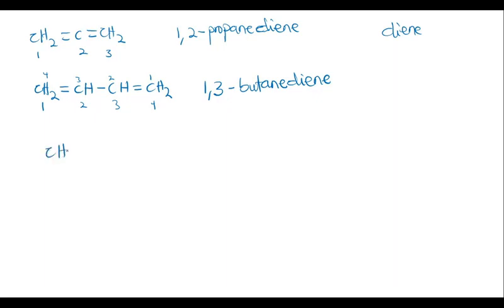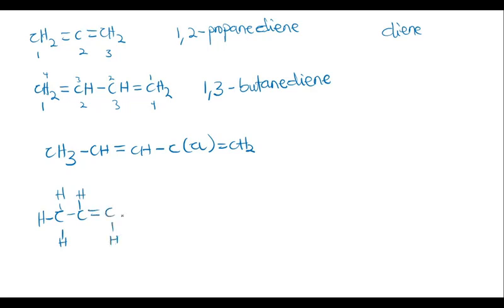So we have CH3, CH double bond CH, then a carbon with chlorine, and then double bond CH2. If I expand this, we have CH3, then a carbon with hydrogen doubly bonded to another carbon with hydrogen, then bonded to a carbon with chlorine, doubly bonded with a carbon with 2 hydrogens.